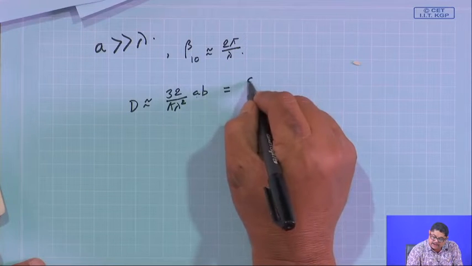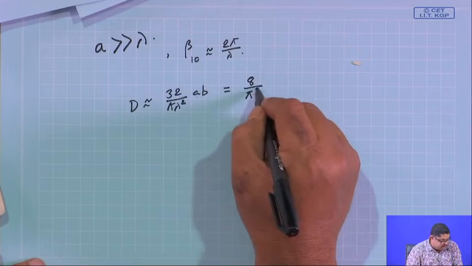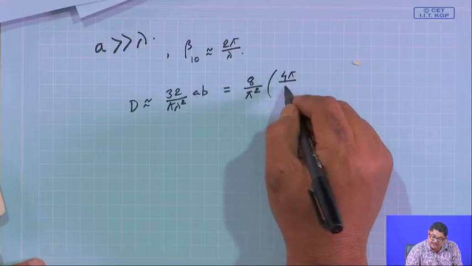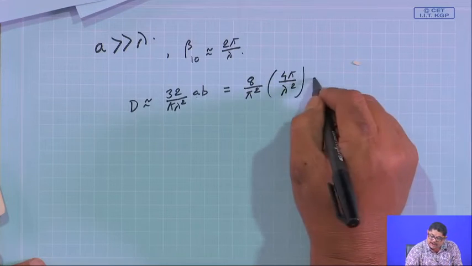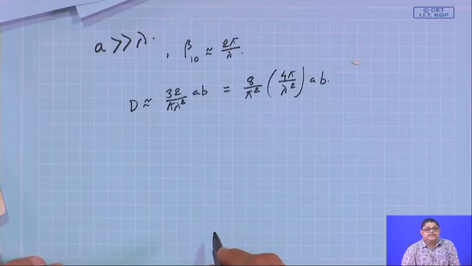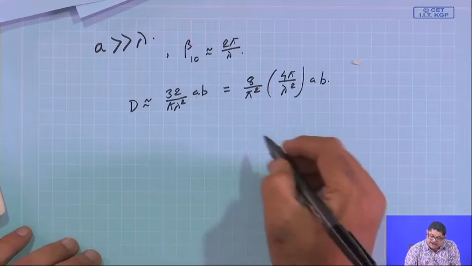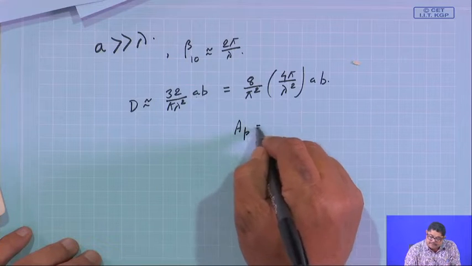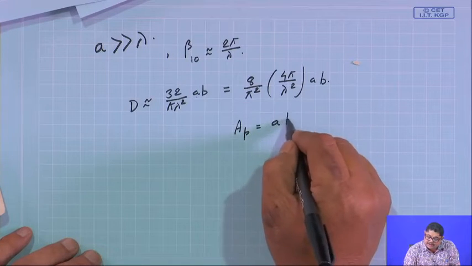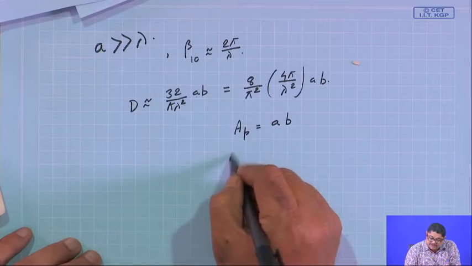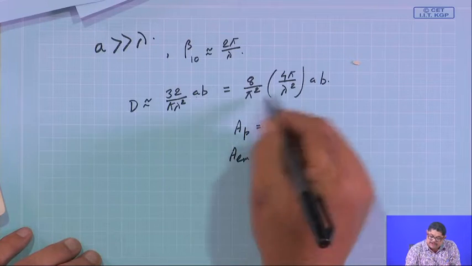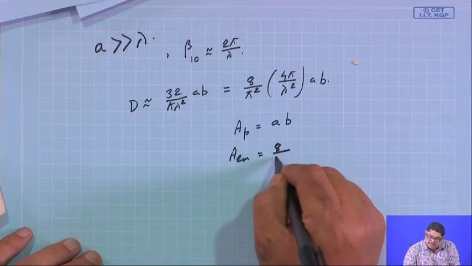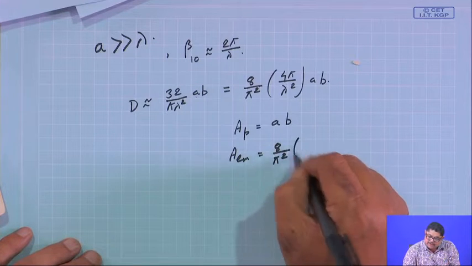So, that I can write as 8 by pi square times 4 pi by lambda square ab. Now you see I can easily tell what my physical area is. The physical area is ab, but what is my AEM? Just look here. So, AEM is 8 by pi square into ab.